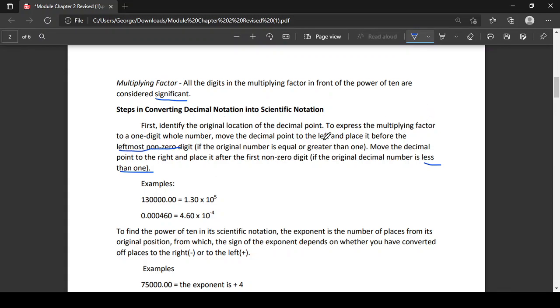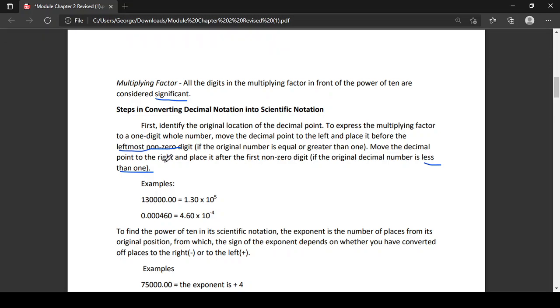If it is less than 1, kids, we move right to left, sir. Right to left. And we stop at the first non-zero digit. Very good. If it is less than 1.